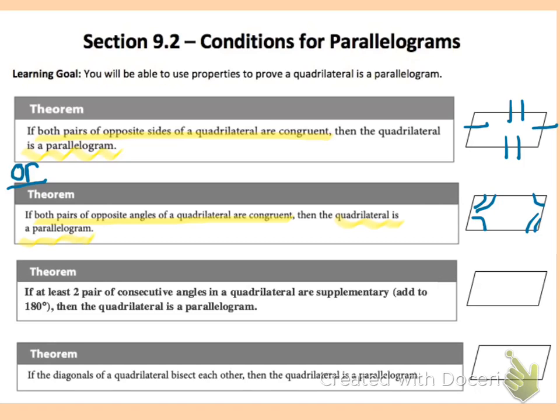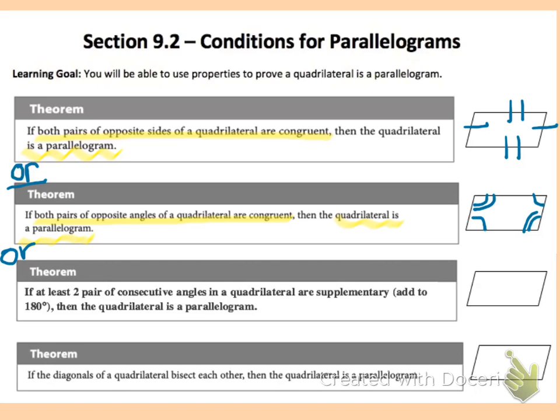Now, if we have a parallelogram that has opposite angles congruent, like say a square, a square has angles in opposite positions that are equal because actually all the angles are equal, right? They're all right angles. Same with a rectangle. If you think about what a rhombus looks like, maybe you associate that with having all sides equal, which would mean the opposite sides are equal, or maybe that the opposite angles are equal, if you can picture in your mind what a rhombus looks like. So anyway, that is another way to tell if something is a parallelogram.